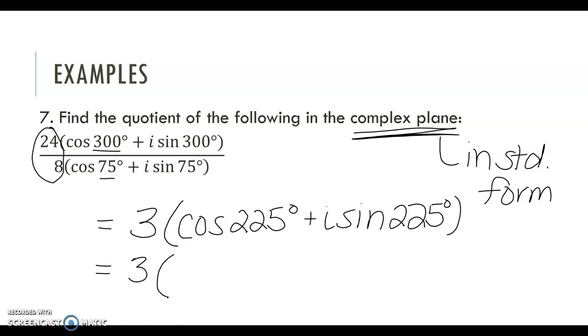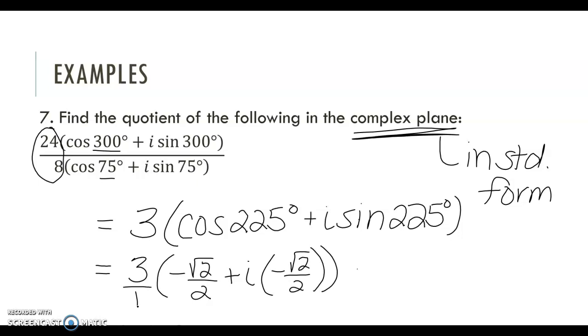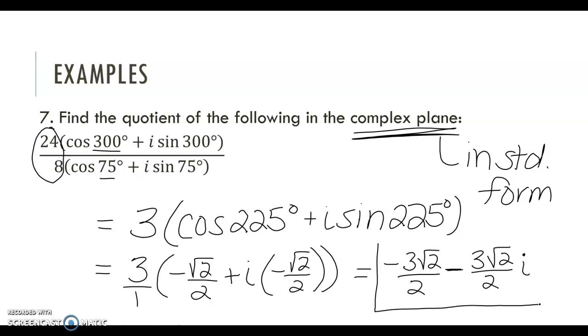So 3 cosine of 225 degrees is negative square root of 2 over 2 plus i sine of 225 degrees is also negative square root of 2 over 2. So now if I distribute that 3 over 1, I get a final answer of negative 3 square root of 2 over 2 minus 3 square root of 2 over 2i. And that is all for complex numbers.